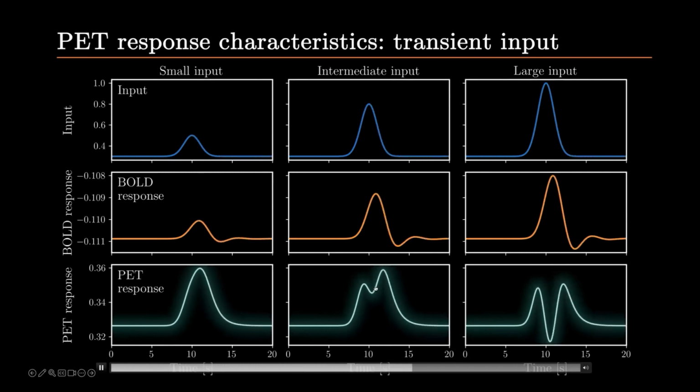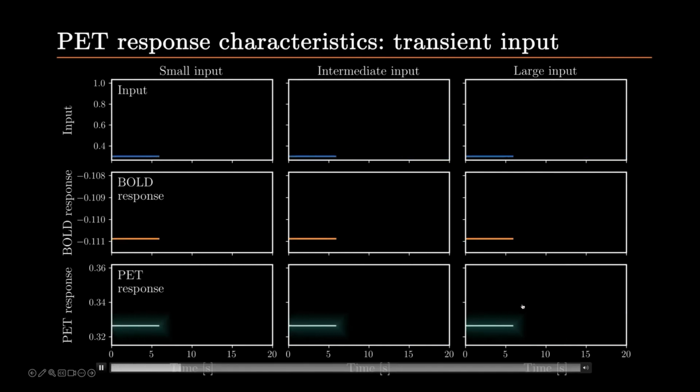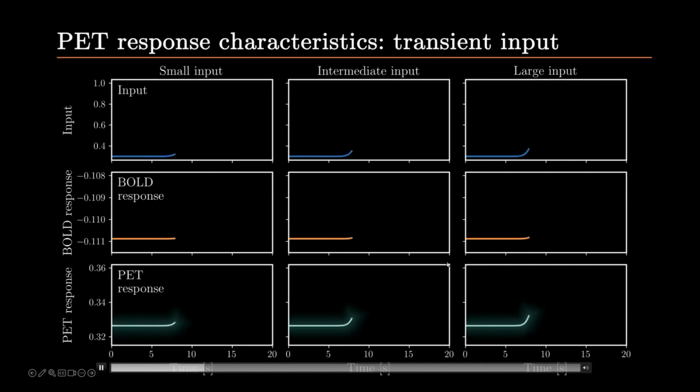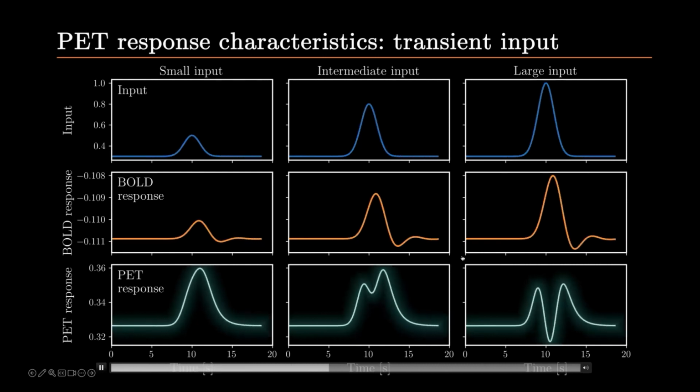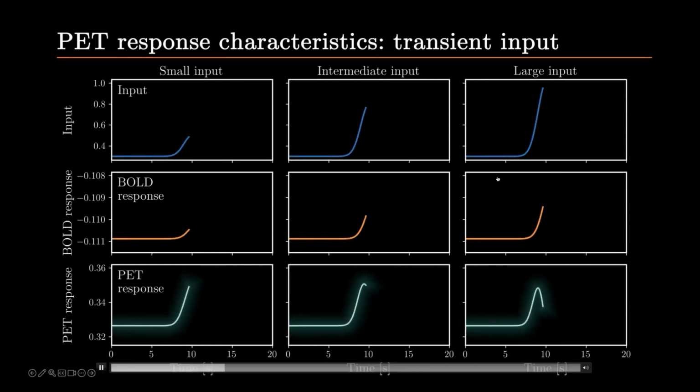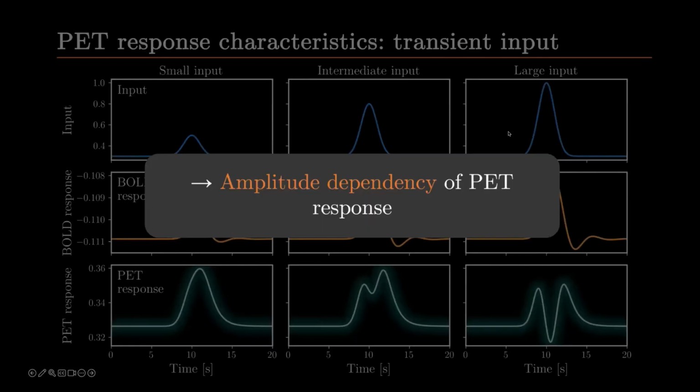For intermediate input, we get this little dip in the main peak. And for very large input, we get even a negative peak. This change of shape is related to the interplay of ATP concentration and energy consumption together with the production signal. So we have amplitude dependency of the PET response.